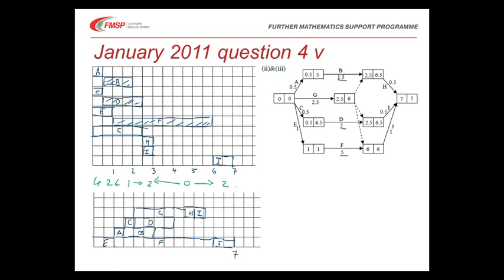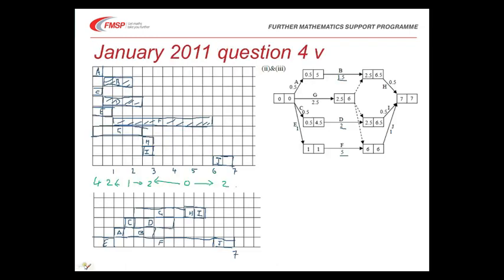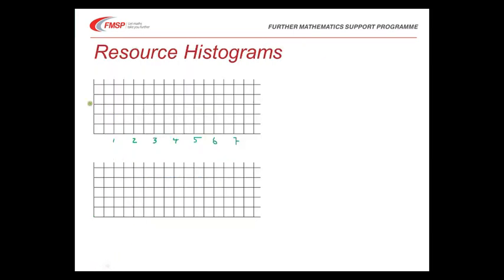So if I wanted to do a resource histogram for my first unlevelled cascade chart, it would look like as follows. It's going to have the same horizontal axis of time. The key thing is, for the first half a minute I was using 4 people and then 2 people for the next half a minute. So for the first half of minute this axis now becomes number of people.